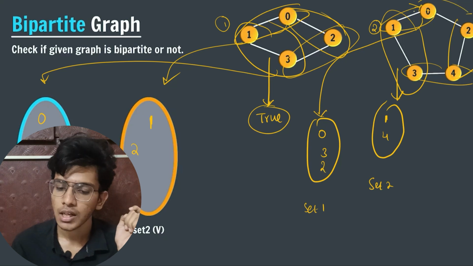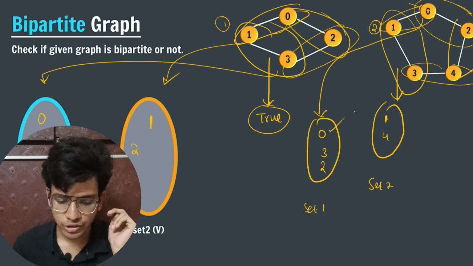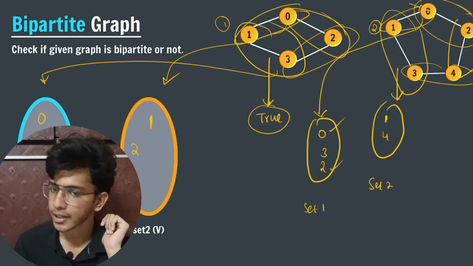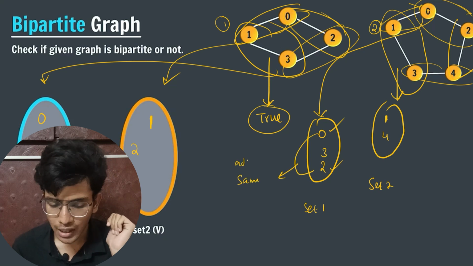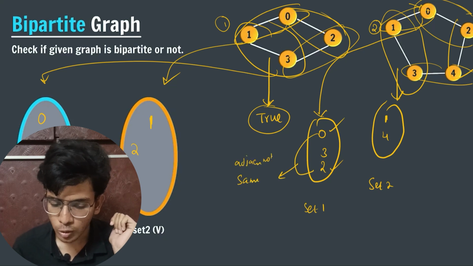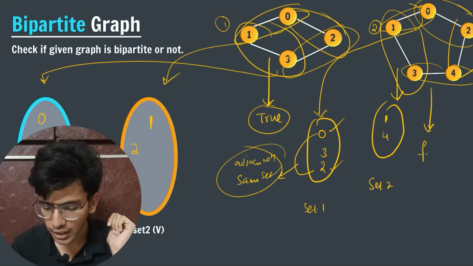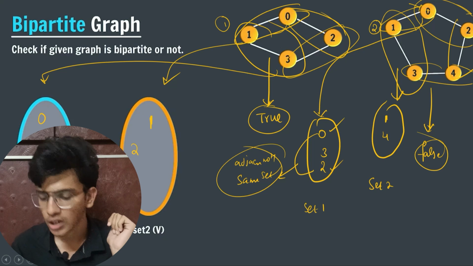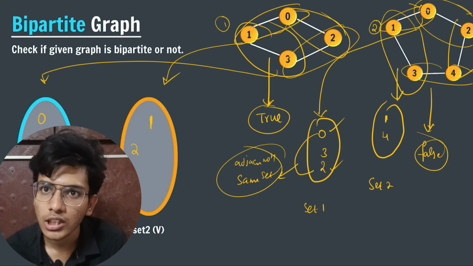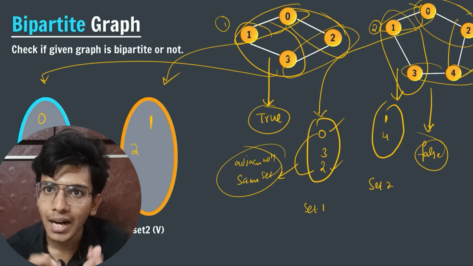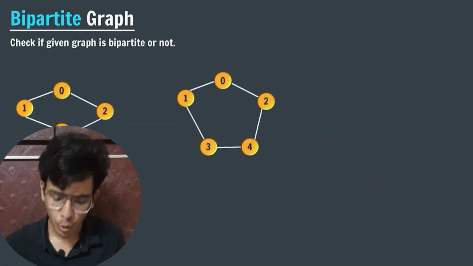Now I will check 0 and 2. So 0 is added, 2 is also added, but these two are in the same set. Two adjacent nodes are in the same set, and whenever I reach this condition, I will return false. So this second diagram should return false, and I can't create a bipartite graph for it. Okay, I hope you have understood.